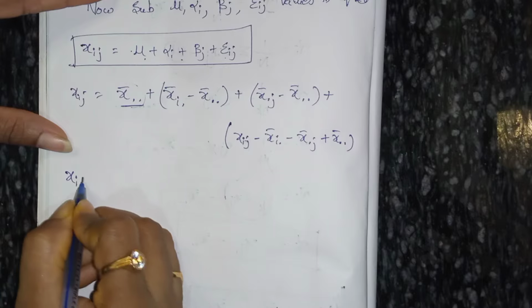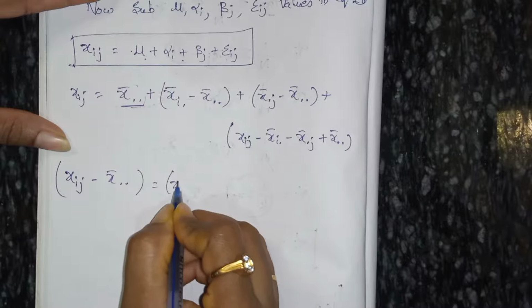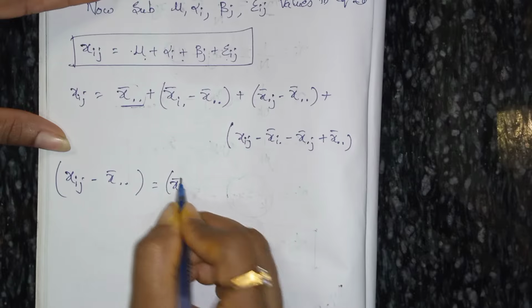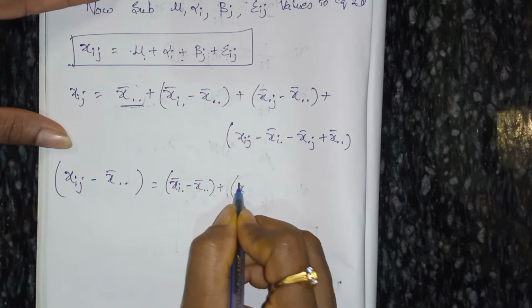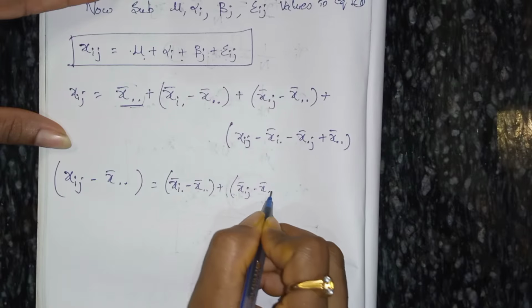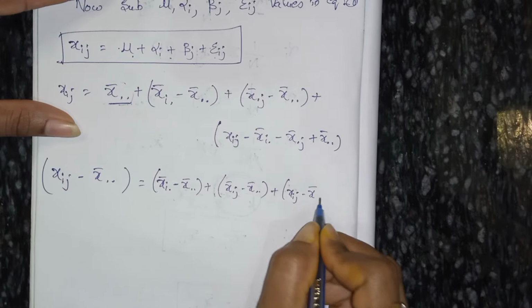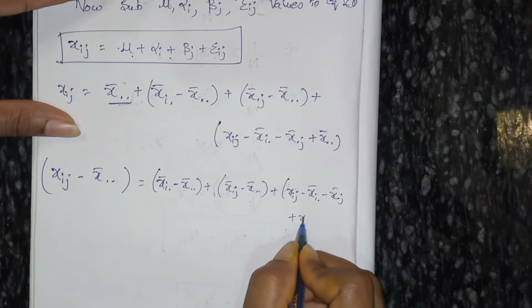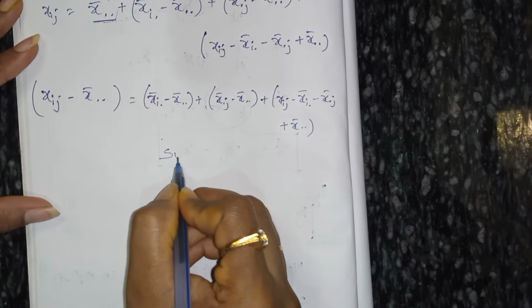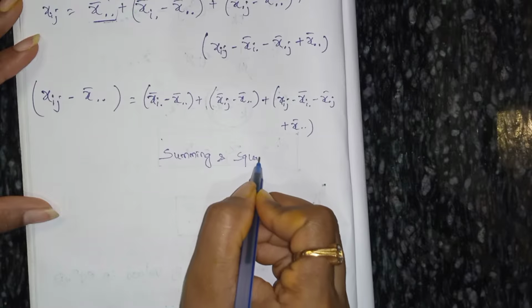So xij minus x bar double dot equals x bar i dot minus x bar double dot plus x bar dot j minus x bar double dot plus xij minus x bar i dot minus x bar dot j plus x bar double dot. Okay, so now what we have to do is summing and squaring the above term.